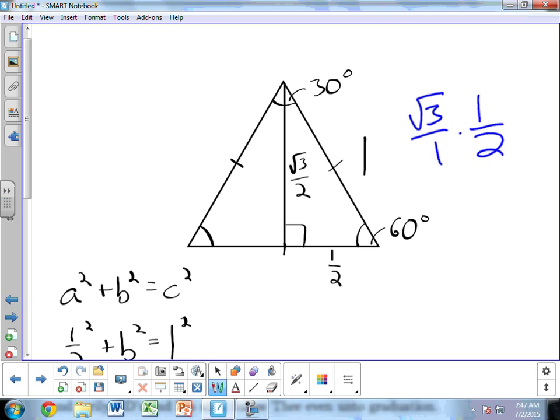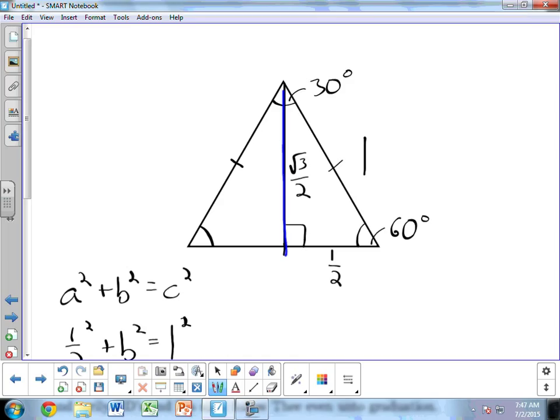So if the small leg is half of the hypotenuse, the long leg, which is the altitude, is going to be the small leg times the square root of 3, because the square root of 3 times 1/2 is the square root of 3 over 2, which is this altitude.